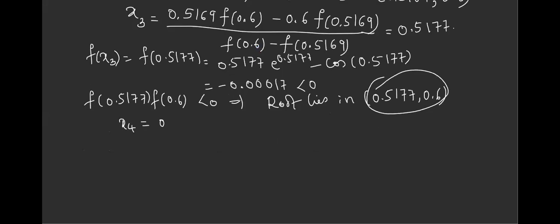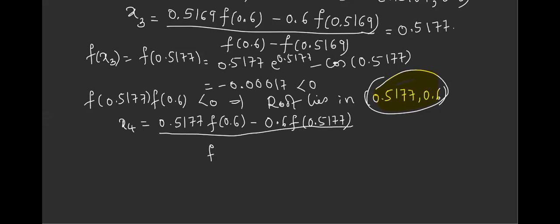See this carefully and you can tell me the formula very easily. 0.5177, f of 0.6 minus 0.6, f of 0.5177, divided by f of 0.6 minus f of 0.5177. Very good.